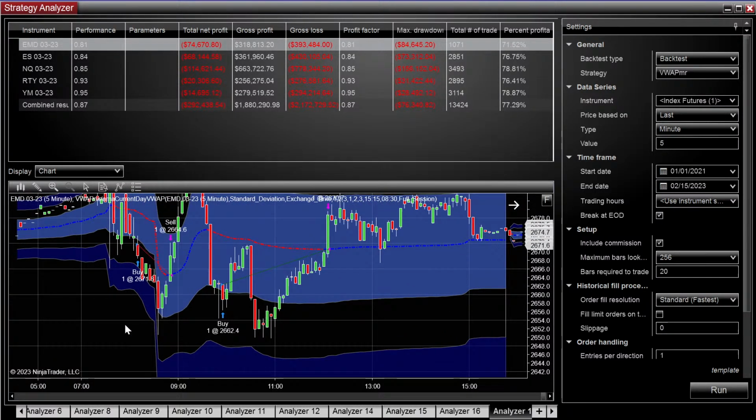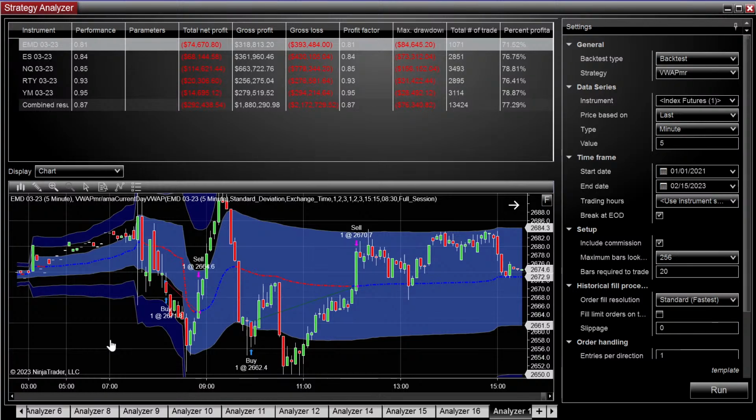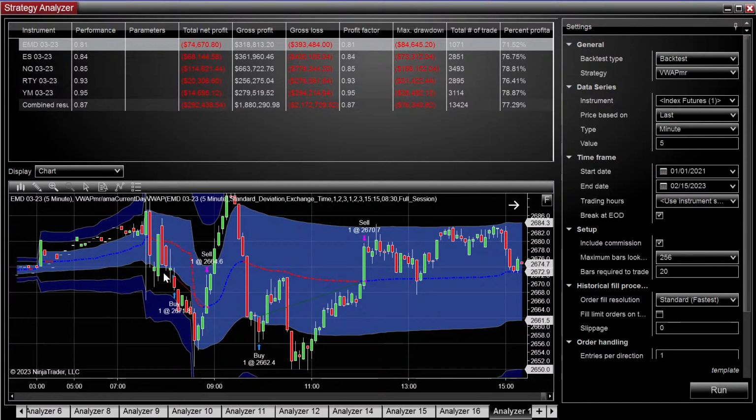I cannot see if it is exiting at the VWAP. I mean, it looks to me, yeah, it is. It's definitely exiting at the VWAP. Looks like it's operating correctly.